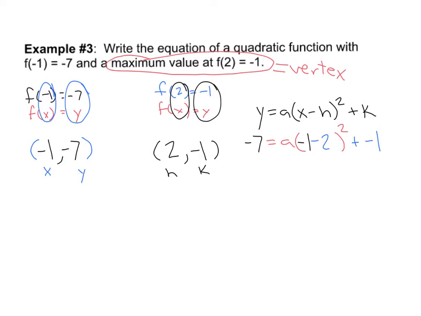All right, so let's just break this down. We get -7 equals a times -1 minus 2, -3 squared, plus -1.